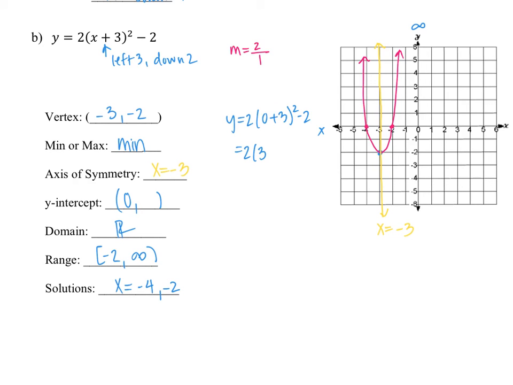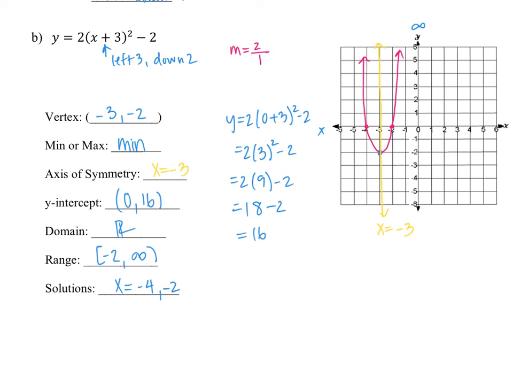So 0 plus 3 is 3. If I were to square 3, because I have to do exponents next after parentheses, that's going to give me a 9. Now I can multiply the 9 with the 2, making that 18 minus 2 is 16. So the y value here is 16.